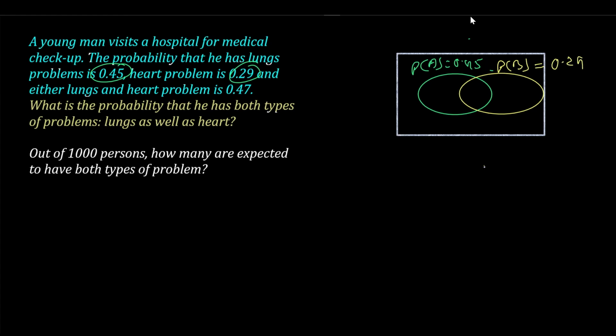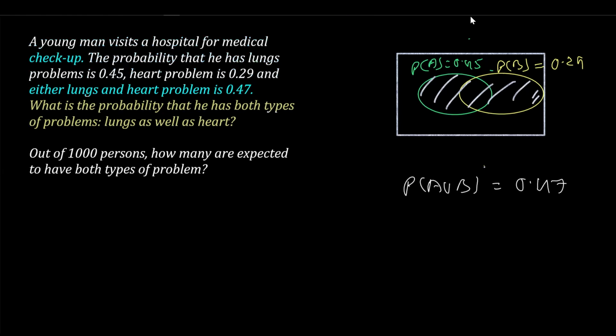And either is what? Either means this whole thing, right? So we even know PA union B is given to us as 0.47. Now what we have to find out is the common part, heart as well as lungs. So we have to find PA intersection B. This is what we have to find out.